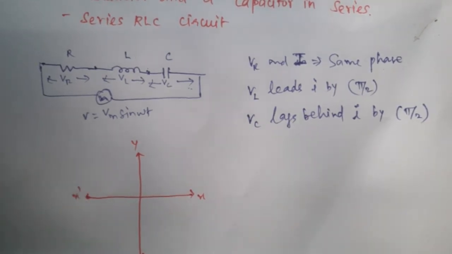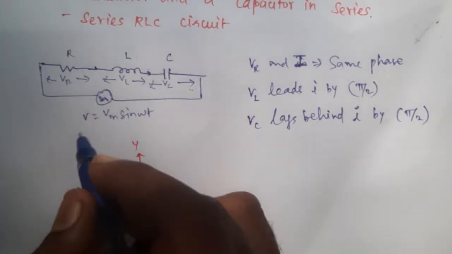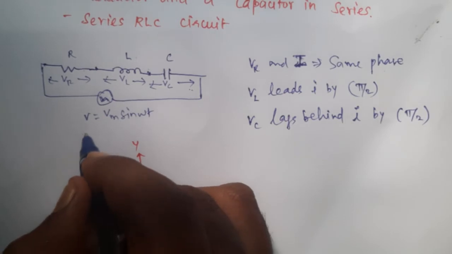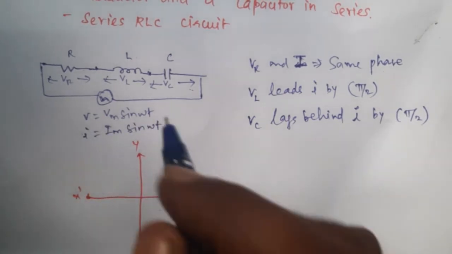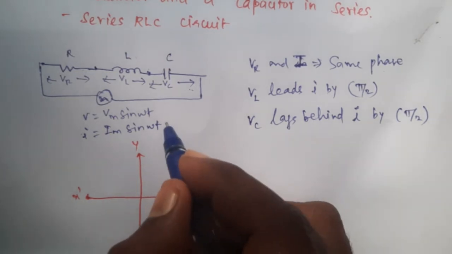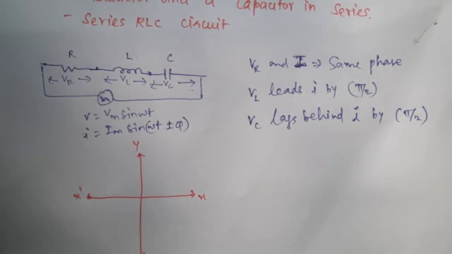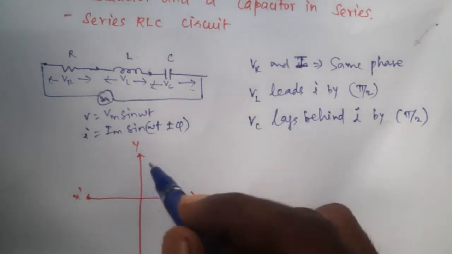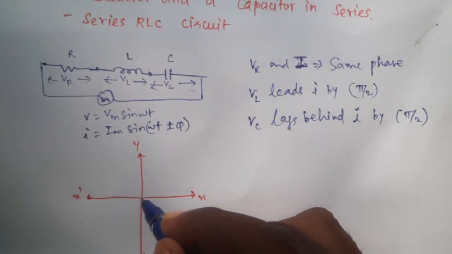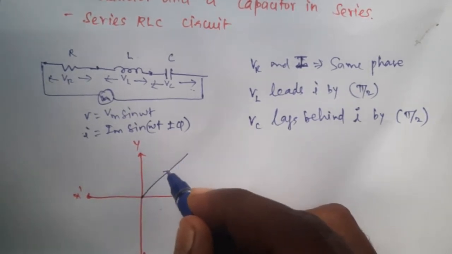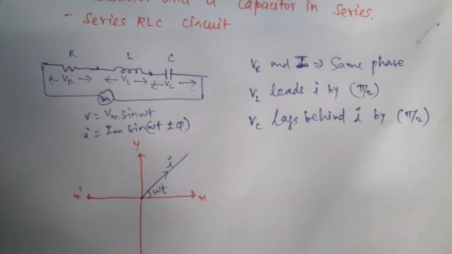Now at any instant from the circuit we can take I equal to Im sine omega t. This is the current at any instant. In this phasor diagram, consider this to be the current I at a time t.